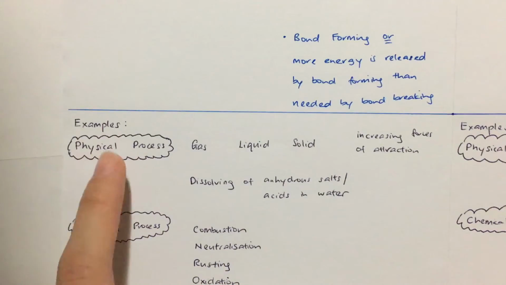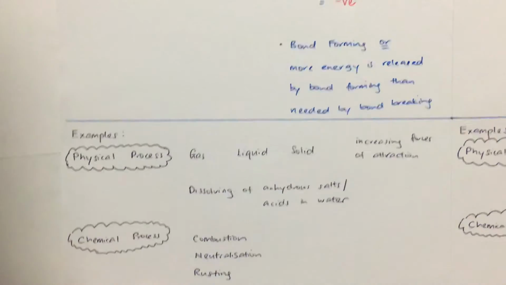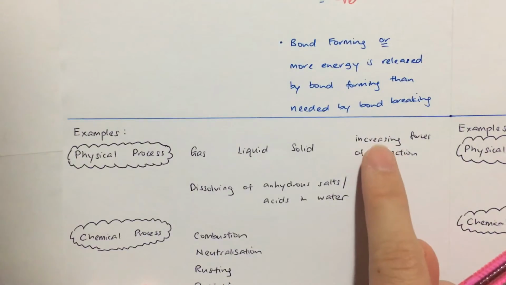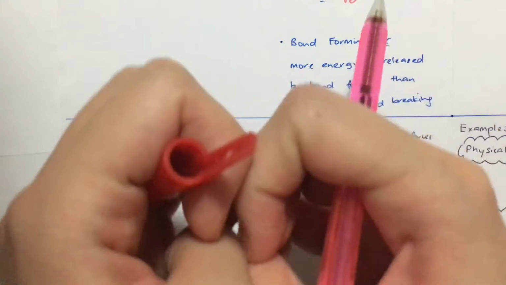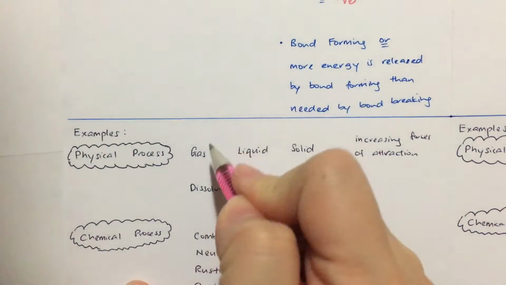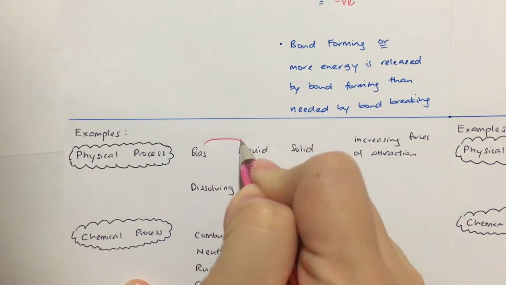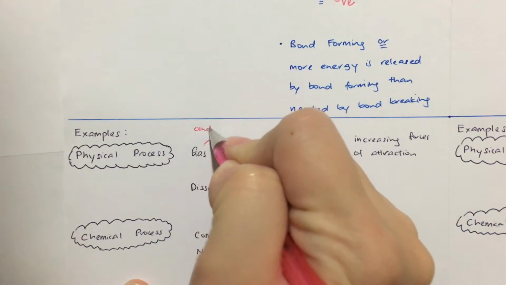For example, in our physical processes, when we are trying to increase the forces of attraction, that means we are trying to get the particles to be closer together. Meaning for gas to liquid, we have condensation.